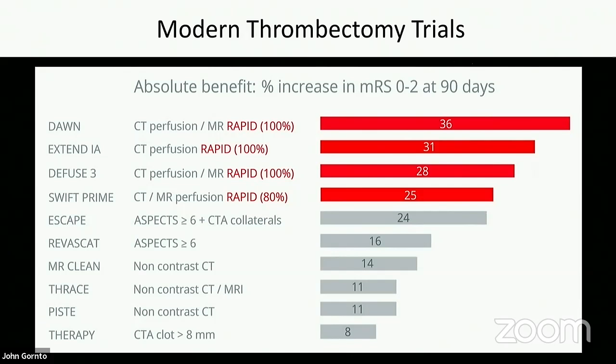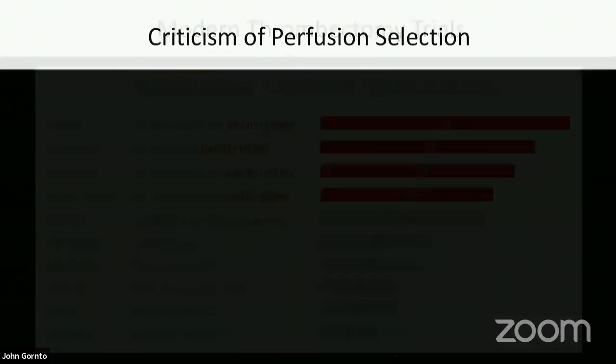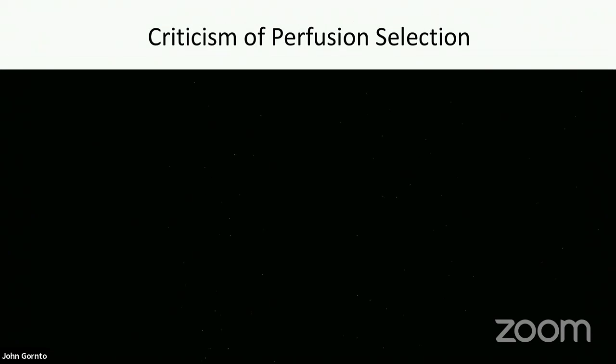So this is a little introduction to the idea that perfusion imaging has a lot to offer. Yet there have been criticisms, and I suspect we will hear some more today. During most of my career, I was criticized because my trials did not produce very good results. Now I'm being criticized because the trials I've been involved with have results that are too good.